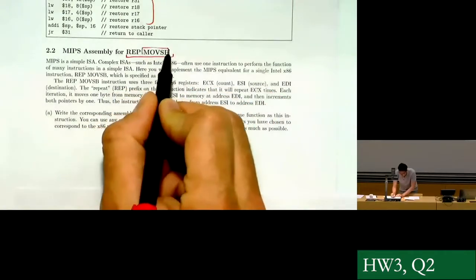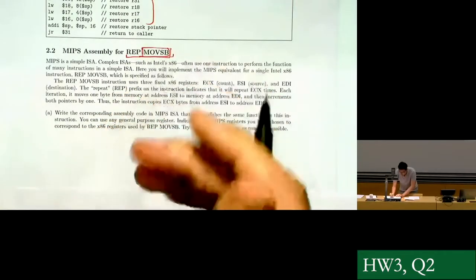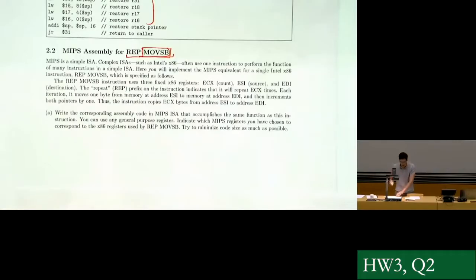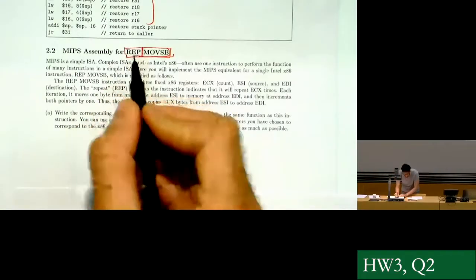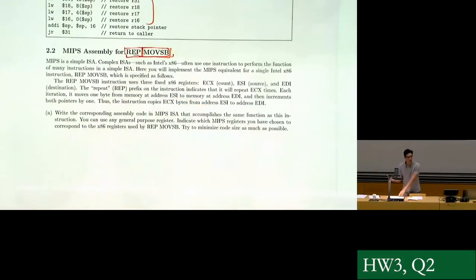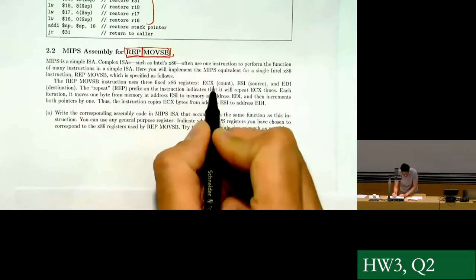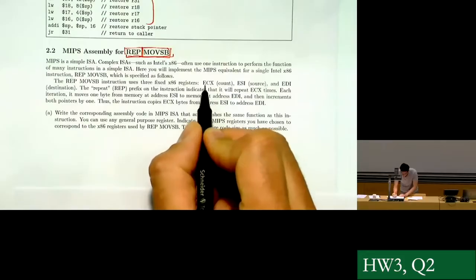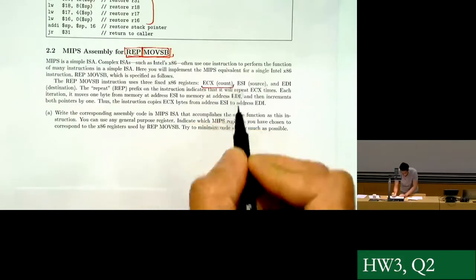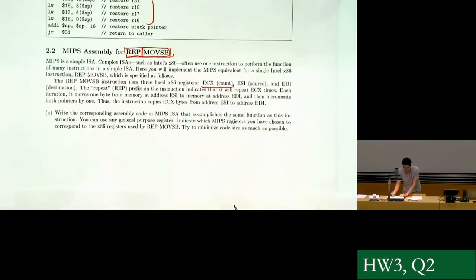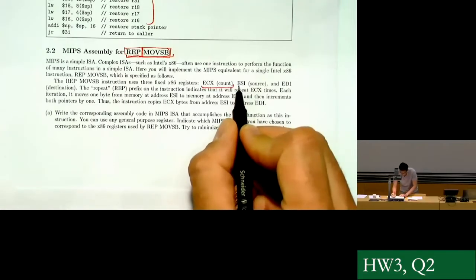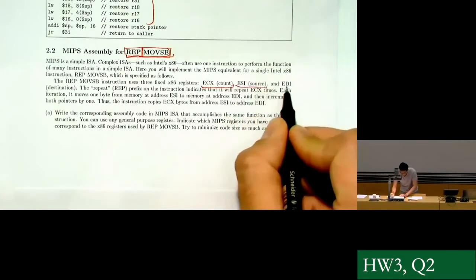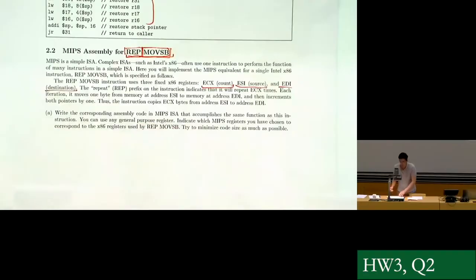The movsb part means that we are moving bytes, and the rep part means that this is going to be repeated several times. This instruction has 3 registers. There is one count register, ECX, and then we have one source register and one destination register.